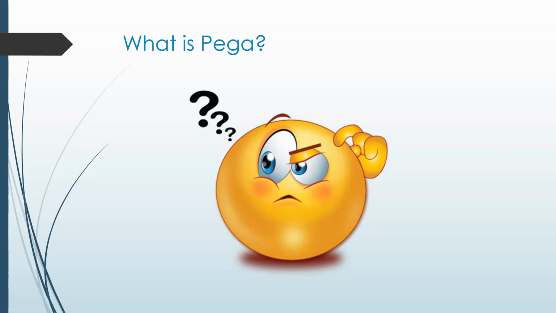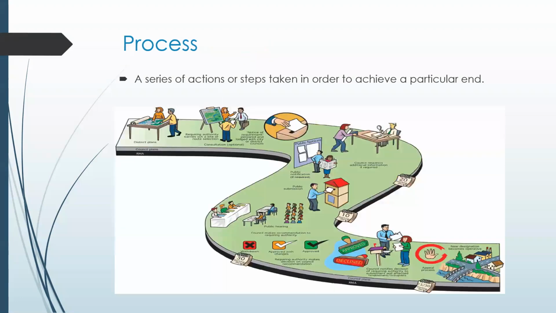Okay, now what is BPM? BPM is business process management. Okay, so let us understand the process first, then we will try looking at business process, then we will go into business process management. So to start off with a very basic: what is a process?